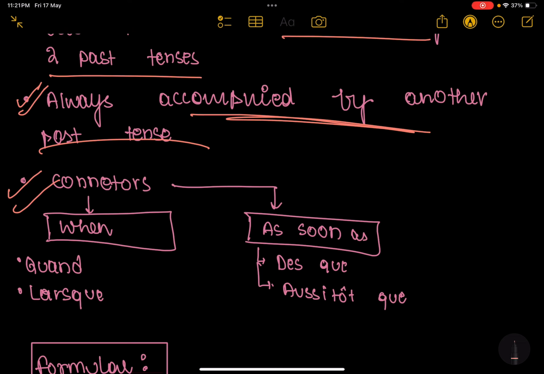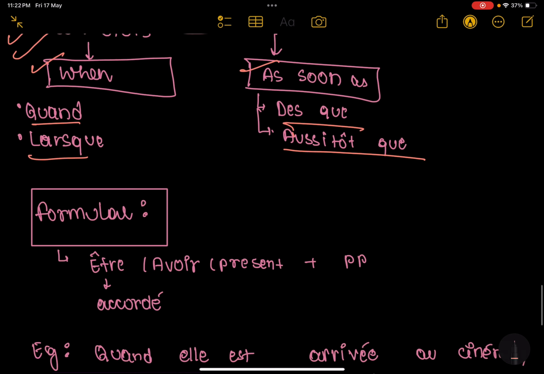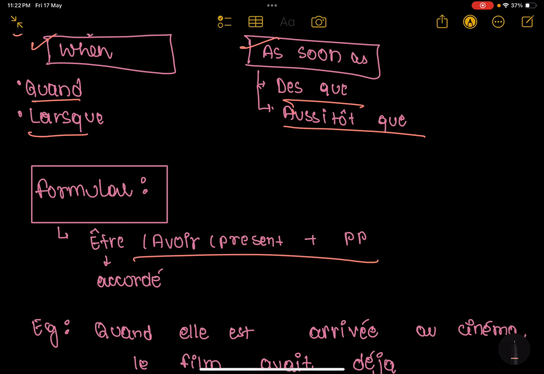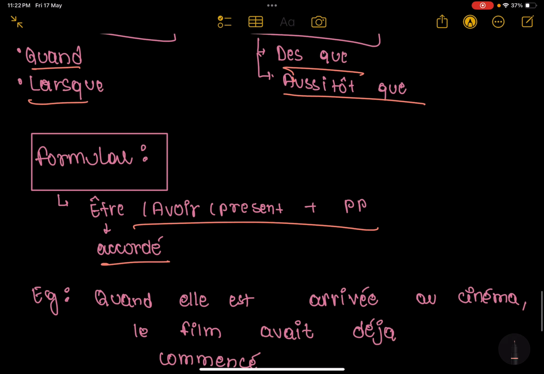Generally, I won't say always, but in 90% of cases you will find it preceded by a connector: when, which is quand and lorsque, or as soon as, which is dès que and aussitôt que. And the formula is être or avoir in the imparfait plus participe passé, but être obviously has to be accorded.